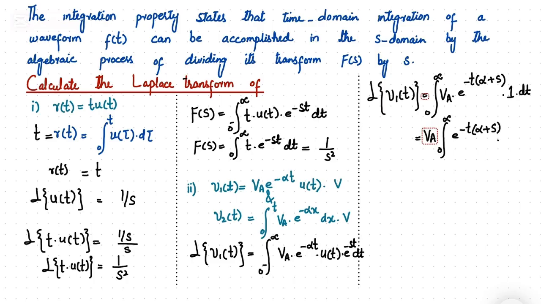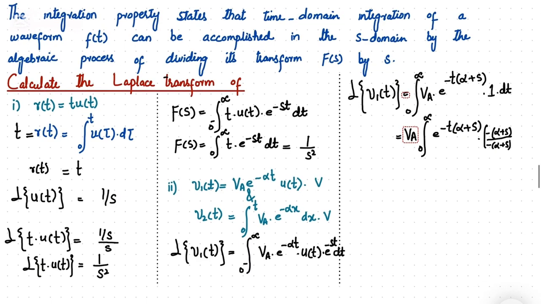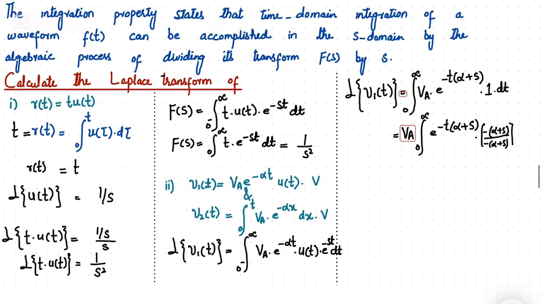We can multiply and divide by minus alpha plus s, minus alpha plus s, into dt.